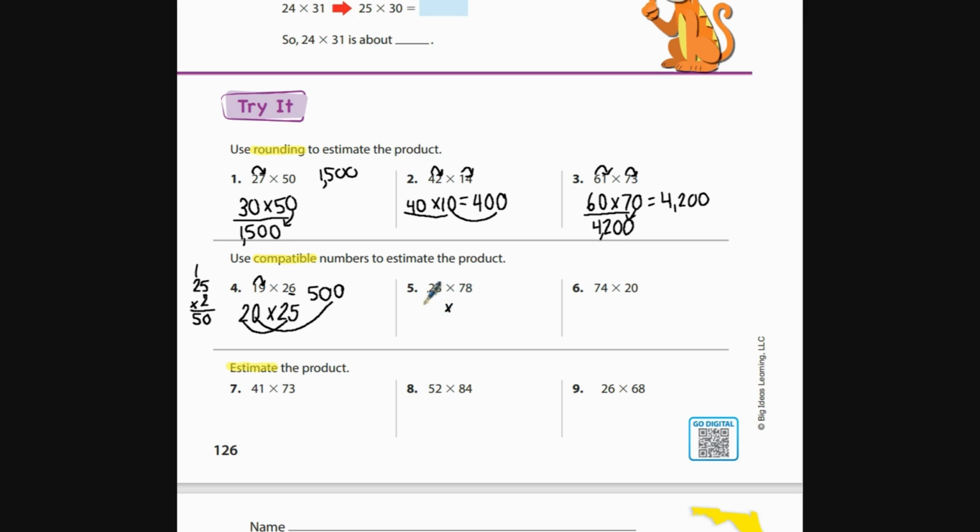Let's do this. 23. We're going to round that to the nearest 10 because I had told you the easiest way that I know that you're going to remember this is if it's one more than 5 or one less than 5. Now, I am going to say this. Can I round 23 to 25?